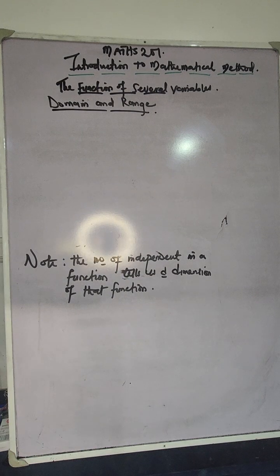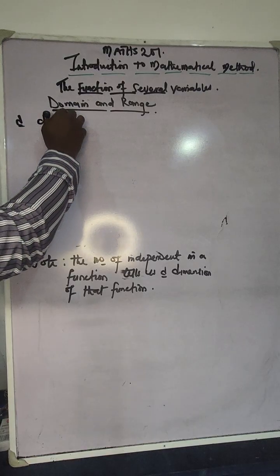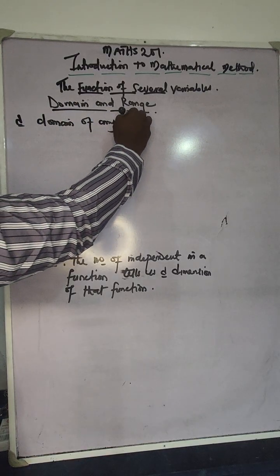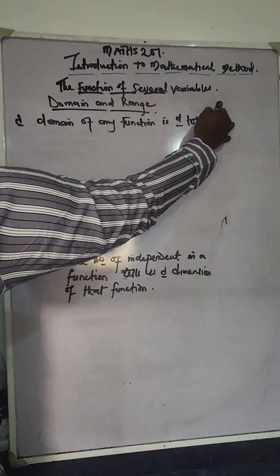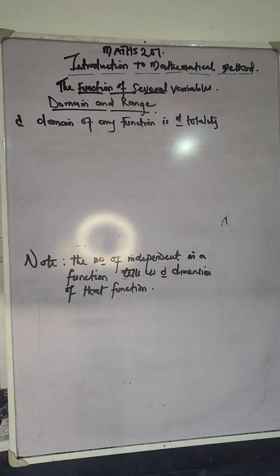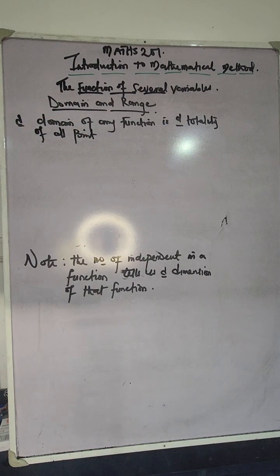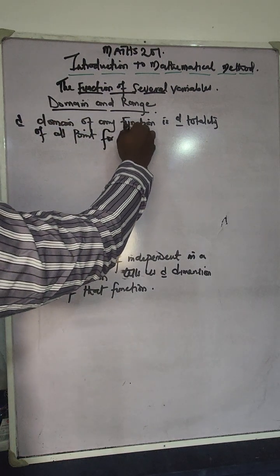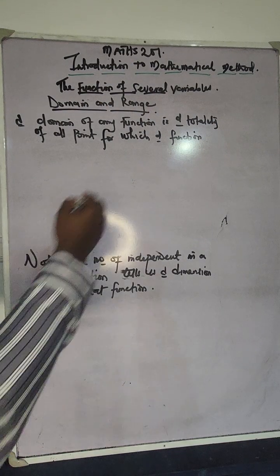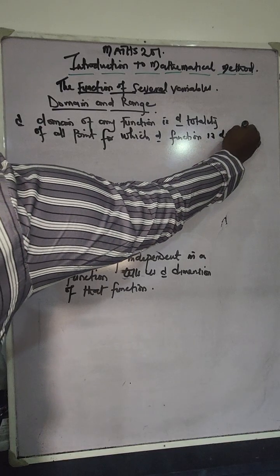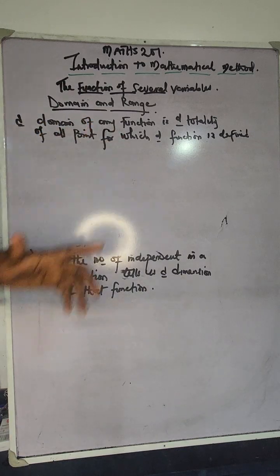We said that the domain of any function is the totality of all points for which the function is defined.